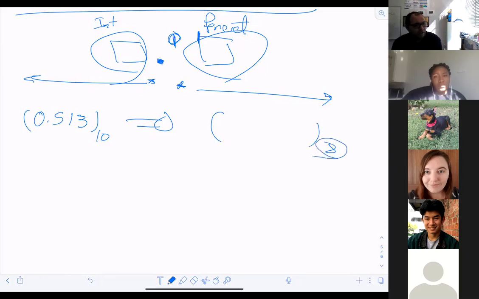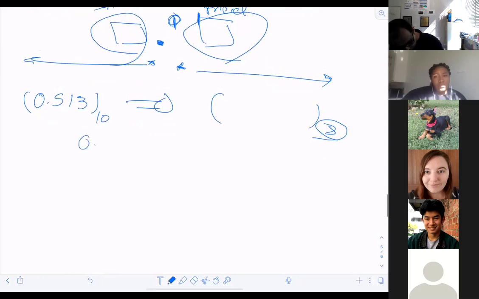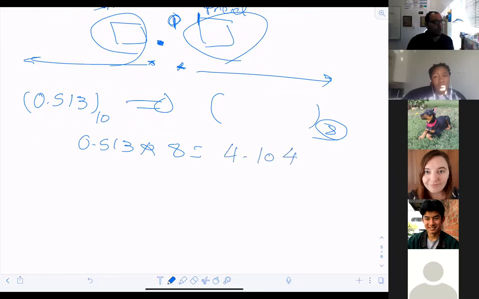Here's my base, 8. So I'm looking for 0.513 times 8. What would the value be? It's going to be 4.104, right?